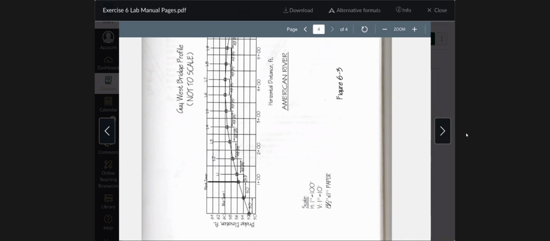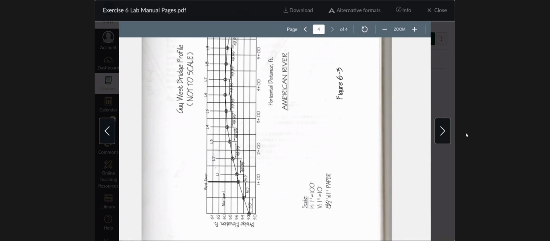In engineering drawings, what we're trying to emulate here, you're going to be drawing at a vertical scale of 1 inch equals 10 feet. In engineering drawings, the vertical scale is always exaggerated by a factor of 10. I'll give you an example when we get to the whiteboard. You're trying to exaggerate that vertical scale just for clarity purposes.